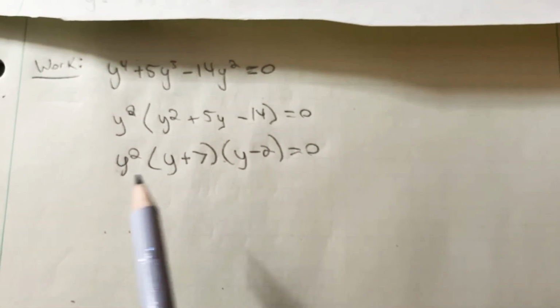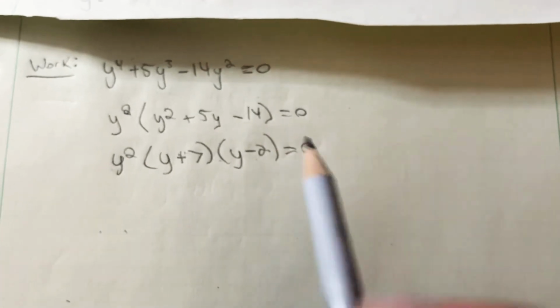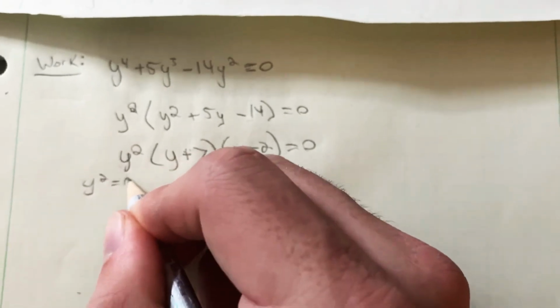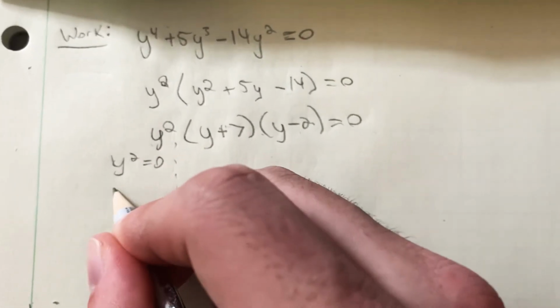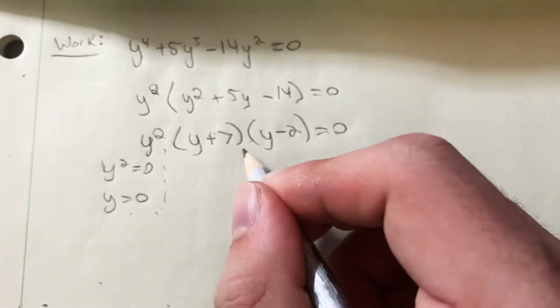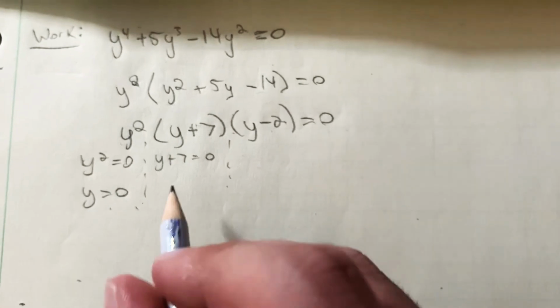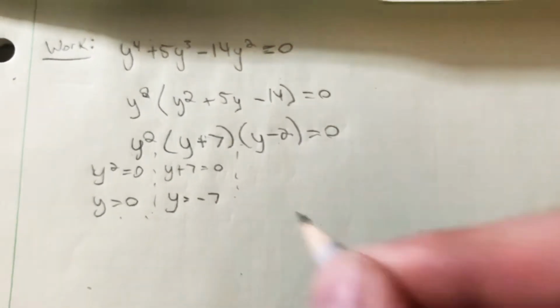From this, it's very simple. We just have to solve for each one of these. We get y squared equals 0 right here, and that just means y equals 0. For this one, we get y plus 7 equals 0. When you subtract the 7 over, you get y equals negative 7.